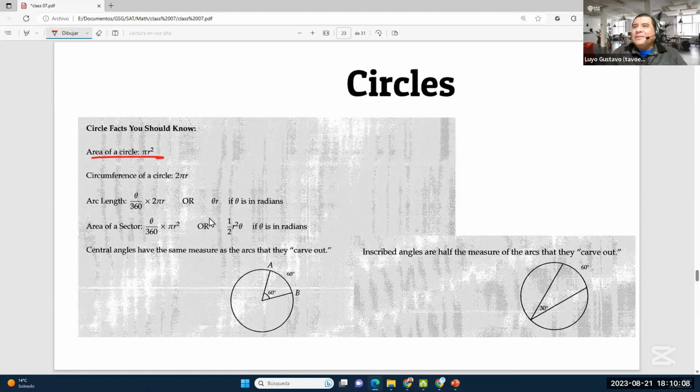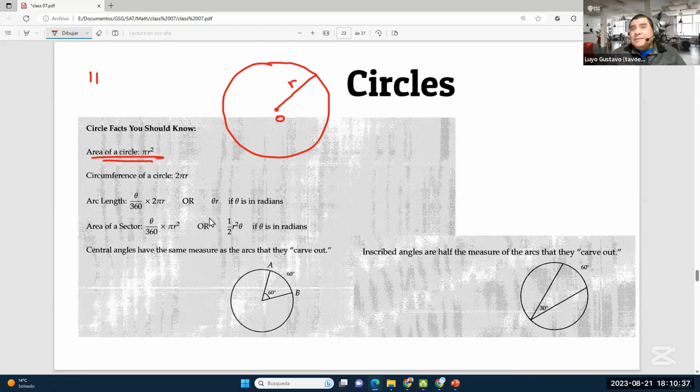If you have a circle like this, there is a reference point called the center of the circle, and between the center and each point on the border of the circle, this segment is called a radius, right? So considering this, the area inside the circle is pi multiplied by the square of the radius.